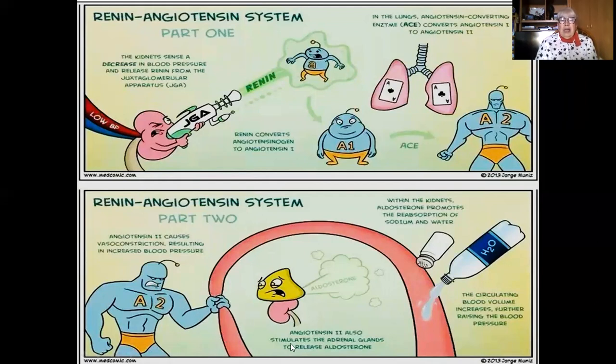And it provokes the enlargement or function of the adrenal glands with the release of aldosterone, which controls sodium and water retention, helps to raise the peripheral resistance, and forms the hypertensive syndrome.